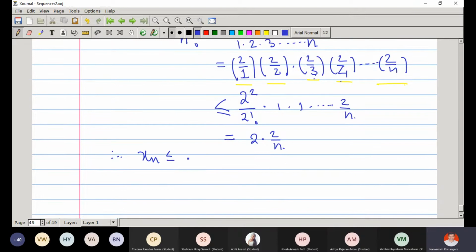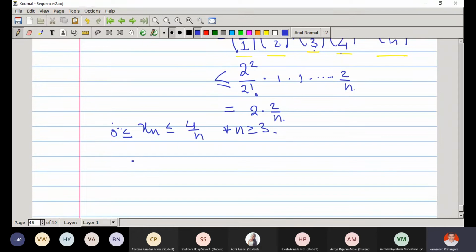Therefore xn is less than or equal to 4 upon n for all n greater or equal to 3. Correct. And already we know that all terms are greater or equal to 0. So by the sandwich principle, what is the limit of xn? 0. The limit of xn must be 0, and therefore we found the limit.